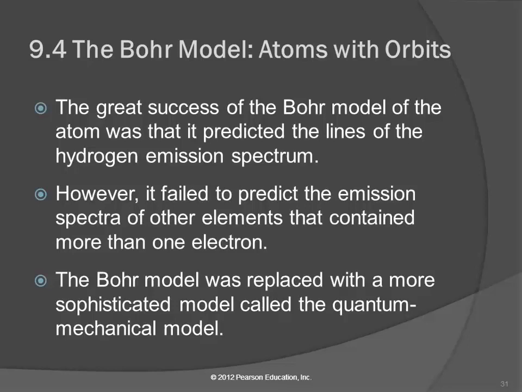We can visualize that in our brains. Okay, and so it helps to give us a basis to understand what we now understand to be most likely the true model, which is the quantum mechanical model. So the Bohr model has been replaced with a more sophisticated model. It's called quantum mechanics.